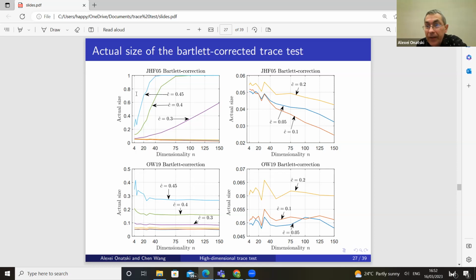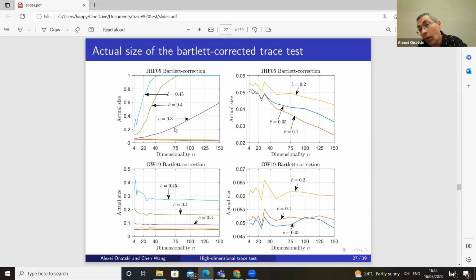So let's focus on this picture in the top left corner. When c is very large, as in my example here, the Bartlett corrected test is just a really bad thing to do. Its size is almost 1, almost immediately when n increases. Even when c is 0.3, it's still a pretty bad thing.